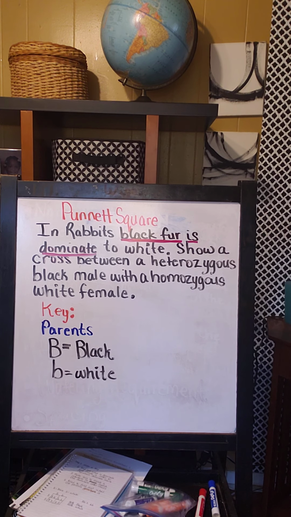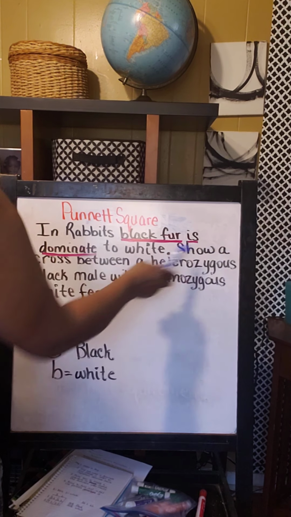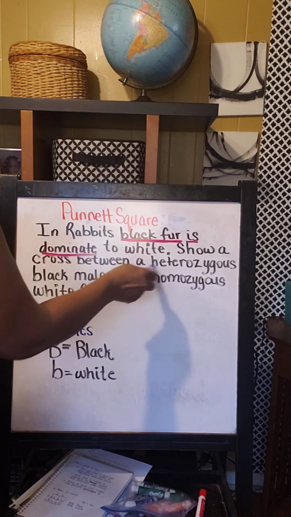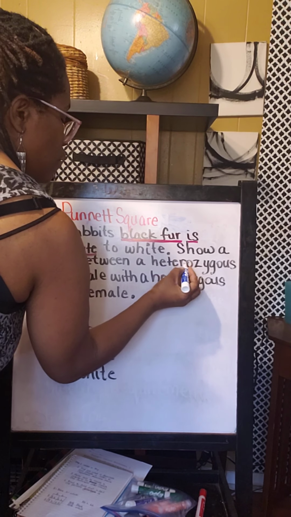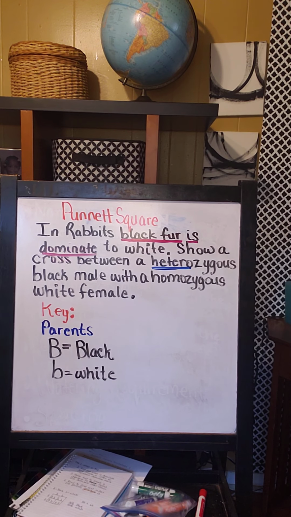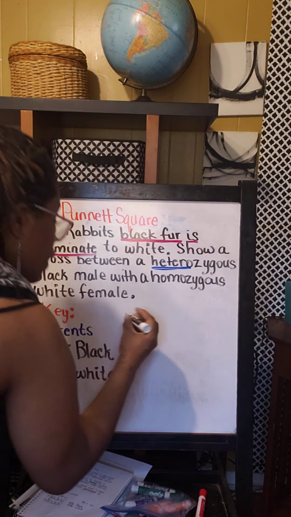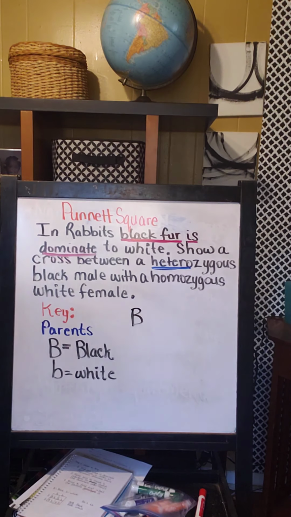We're still trying to make sure we understand the parents. Looking at the question, it says, show a cross between a heterozygous black male. Now, hetero means different. Okay, so we know that the male is going to be aligned with two different alleles. They said it's hetero, he's black. So we know that we have to have the capital B there because that represents dominance.